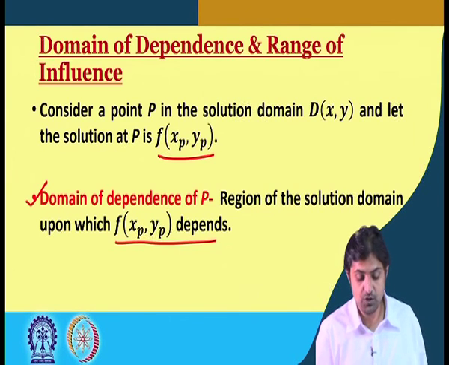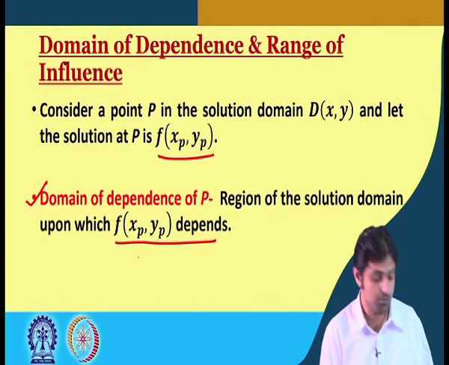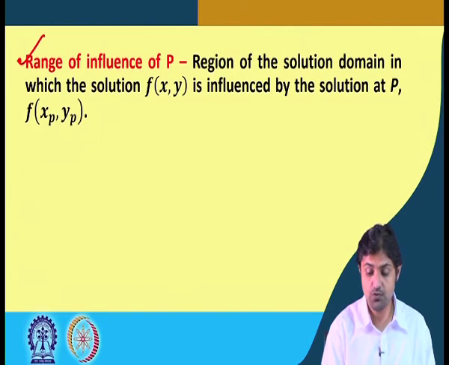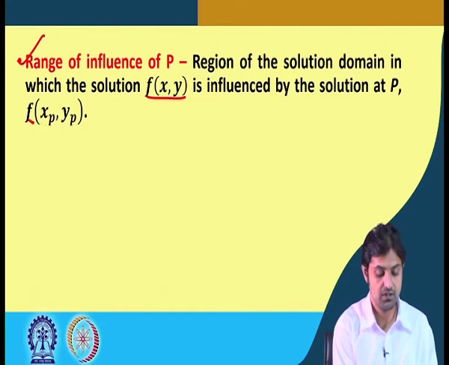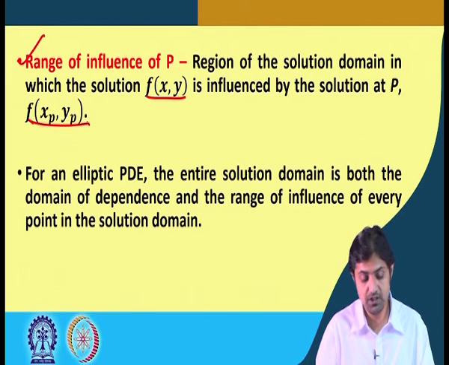The domain of dependence of P is the region of solution domain upon which f(xp, yp) depends, whereas the range of influence of P is the region of solution domain in which the solution f of x comma y is influenced by the solution at P. All right. So, applying this to an elliptical partial differential equation, the entire solution domain is both the domain of dependence and the range of influence of every point in the solution domain.